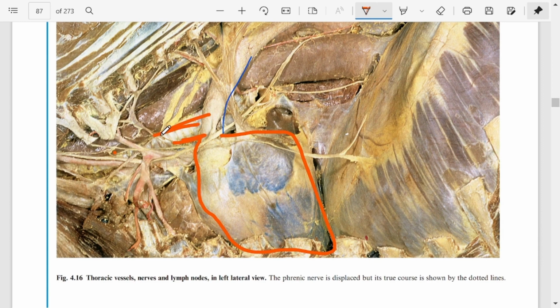What you can see here is moving just behind that. And this is the aorta.